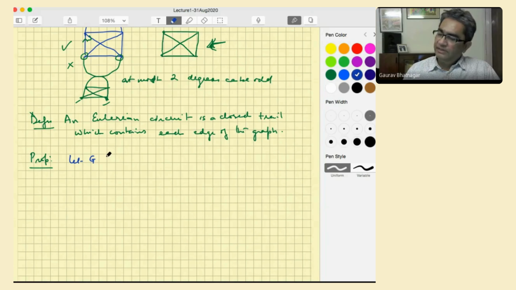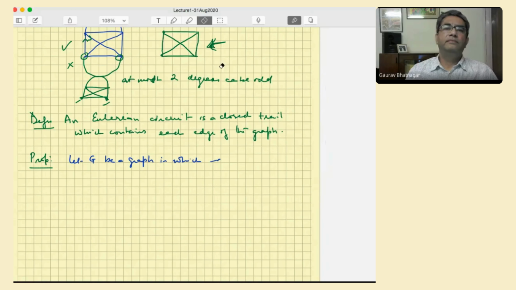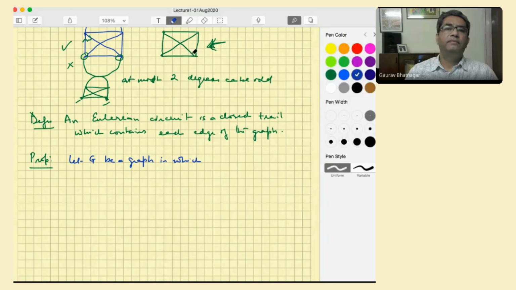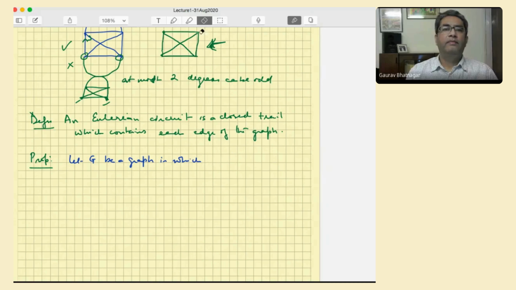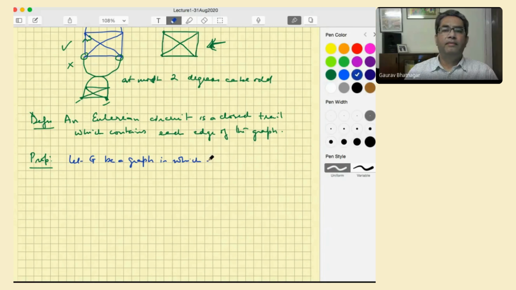Let G be a graph in which every vertex has an even degree.